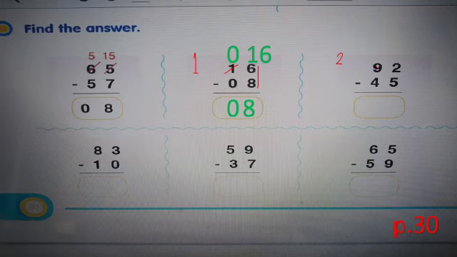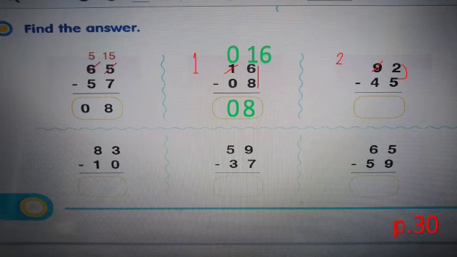Now let's do the other one. We have here 92 minus 45. 2 is less than 5. We cannot subtract 5 from 2, so we take 1 ten from the tens to the ones.